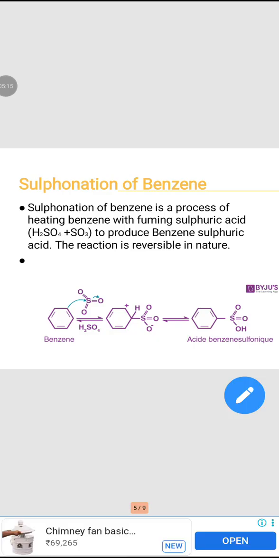First, benzene is reacted with SO3 in the presence of sulfuric acid, H2SO4, to form an intermediate. It is then further reacted to form benzene sulfonic acid, with an SO3H group attached to benzene.